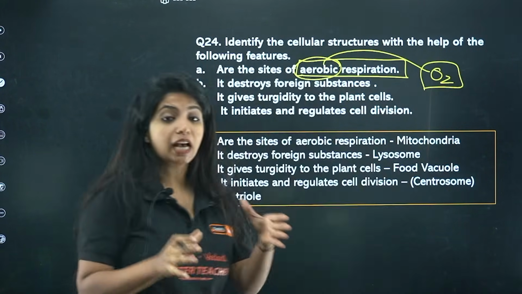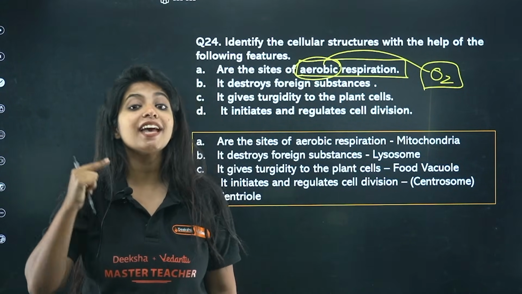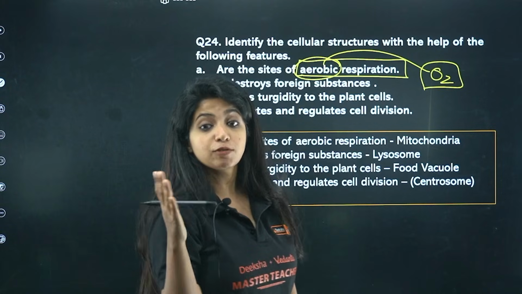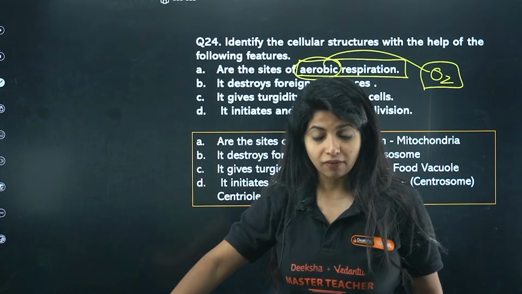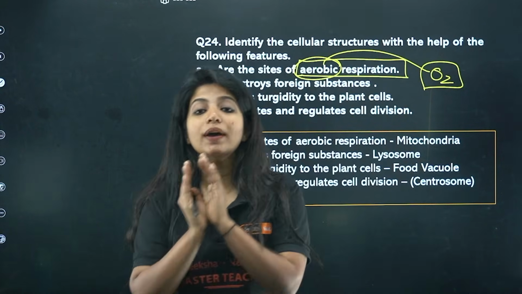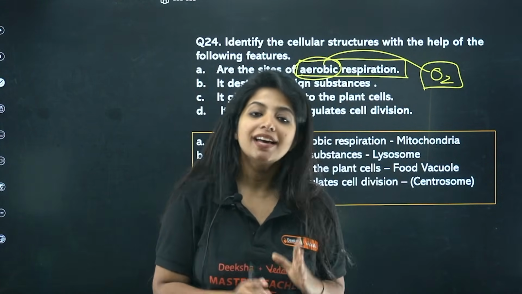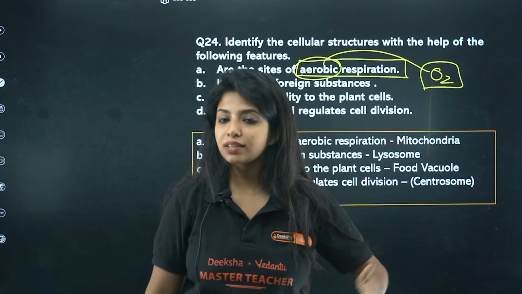Now, the pyruvate that has formed has two things to do. Either it can undergo anaerobic respiration, that means in the absence of oxygen, respiration will happen, and that is going to happen in the cytoplasm itself. Now, if you want aerobic respiration, that is in the presence of oxygen, it has to enter the mitochondria. In the mitochondria, it will convert into acetyl-CoA, and then all the cycles are going to happen.